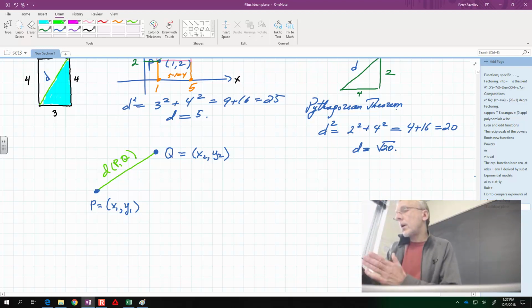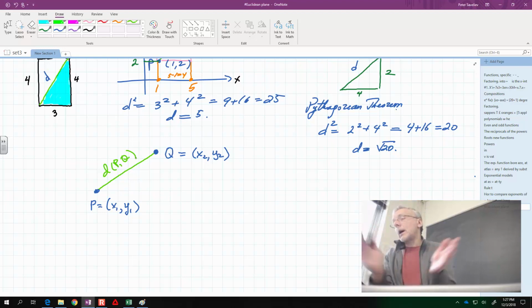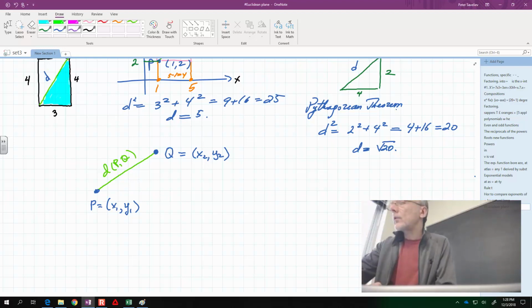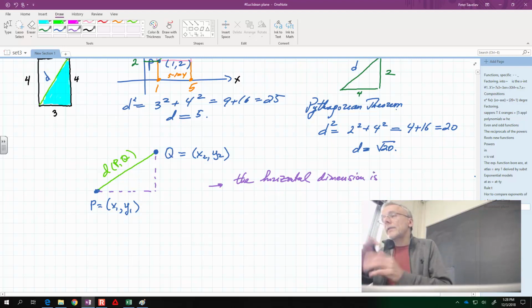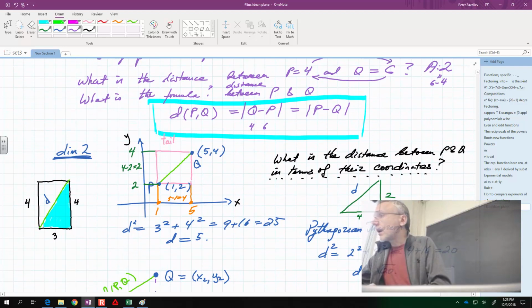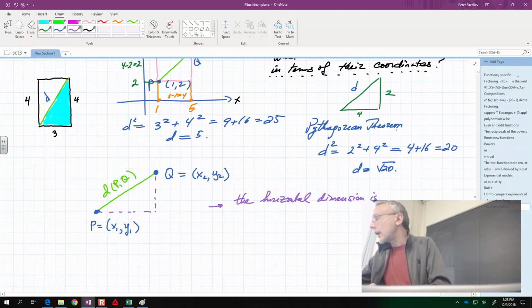So we already know that we're going to put together the x's and subtract, and put together the y's and subtract. So in this manner, let's just write it out. The horizontal dimension is, and this time I don't have specific numbers, so I'm not going to be subtracting literally, but I will be using this formula for measuring things horizontally or vertically.